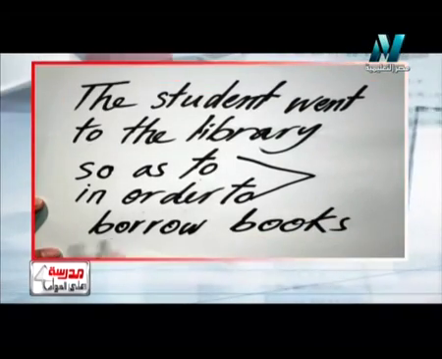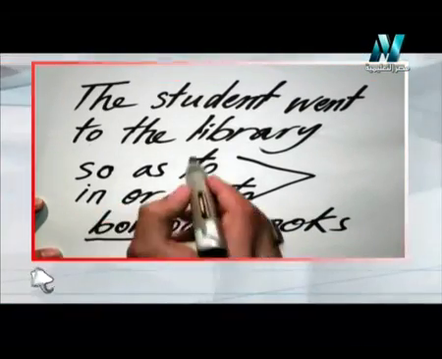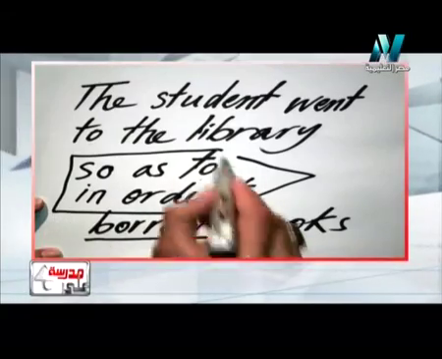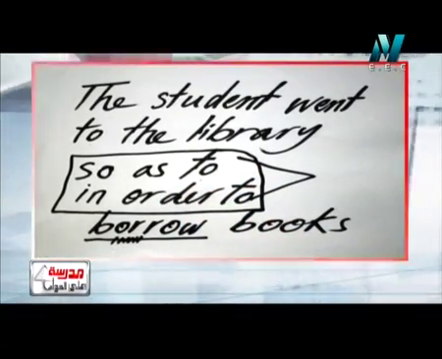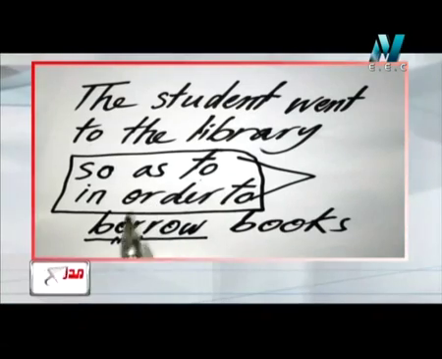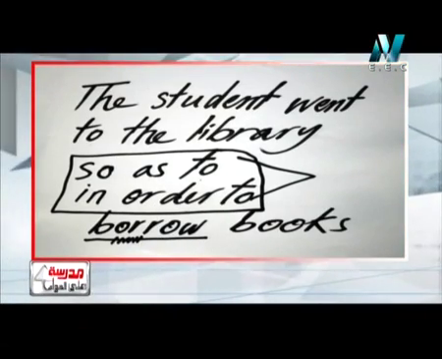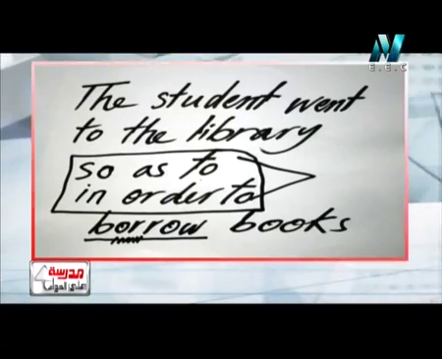So as you see here, after so as to and in order to, we have infinitive. And these connectors are called connectors of purpose.